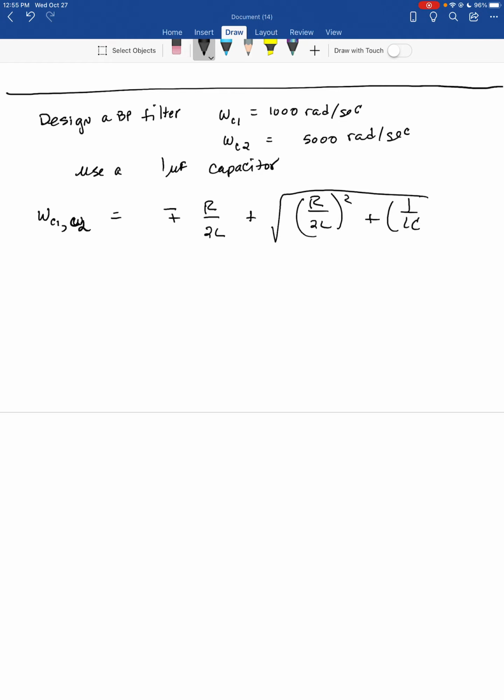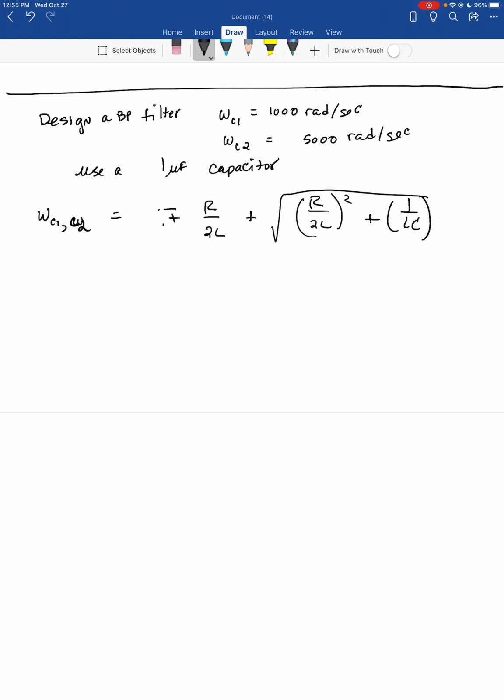I believe the problem did specify to design a series RLC filter, so these are the equations for series RLC. These are the two cutoffs, the lower taking the negative sign, the higher taking the positive sign.